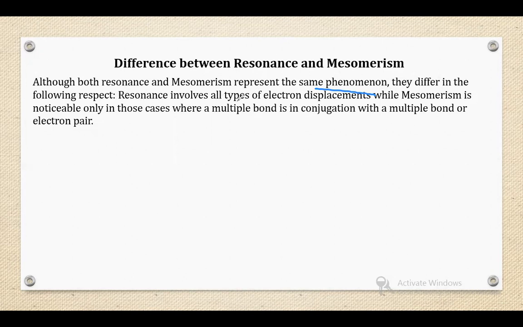Resonance involves all types of electron displacement. You notice that in carbon monoxide and carbon dioxide, which may consist of single bonds or double bonds, whatever it is, all types of electron displacement can take place.